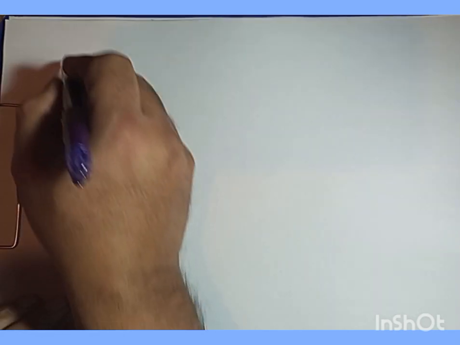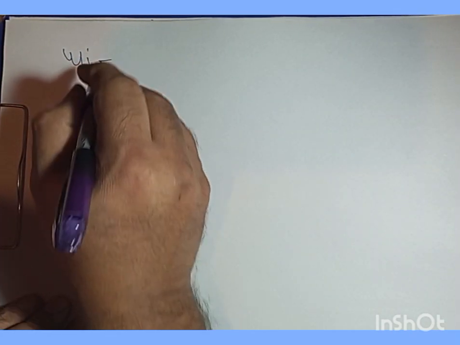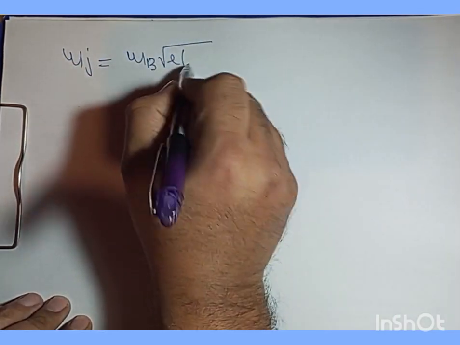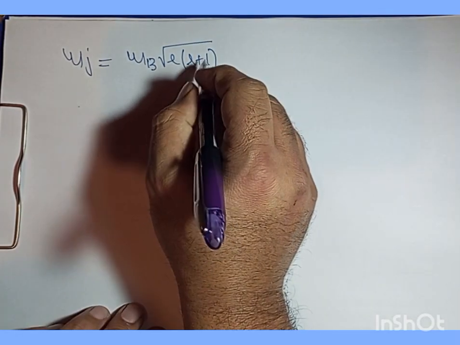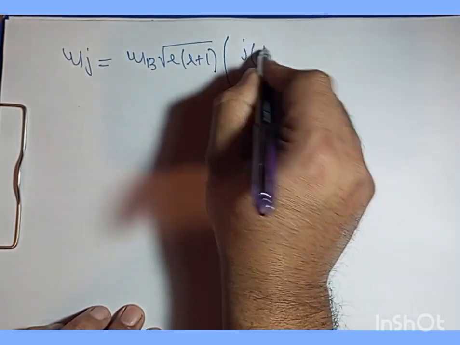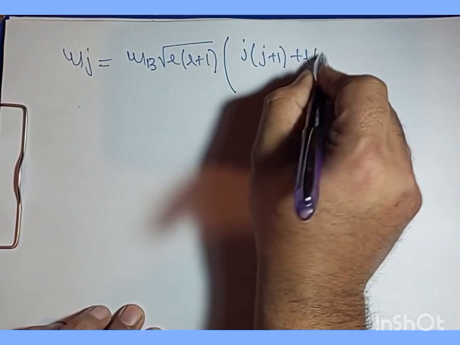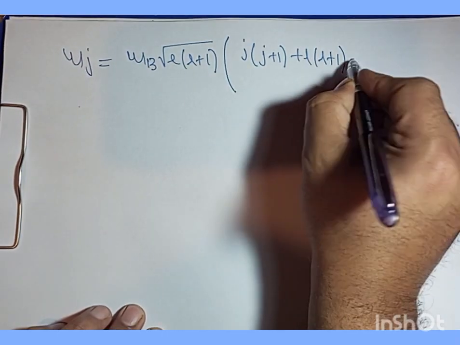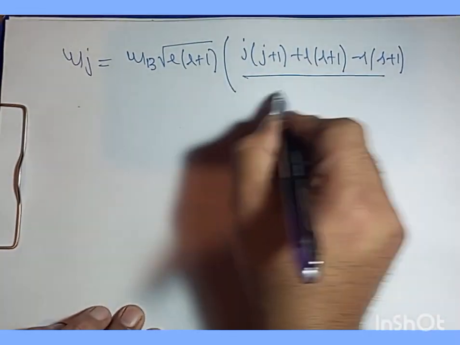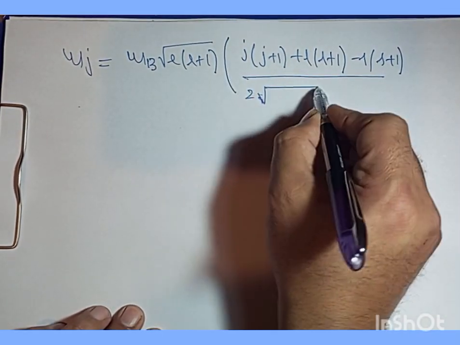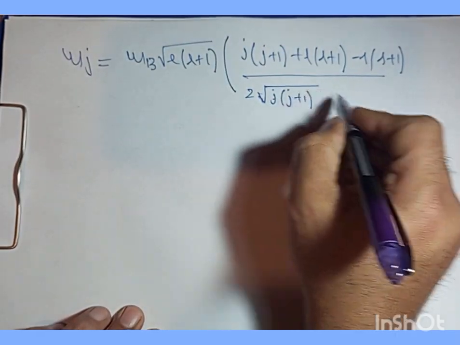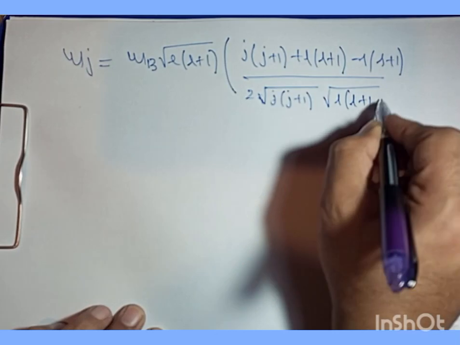So what we will have is mu J now. So I will have mu B under root of L times L plus 1, and then the whole thing times J times J plus 1, plus L times L plus 1, minus S times S plus 1, divided by 2 times under root of J times J plus 1, then under root of L times L plus 1.